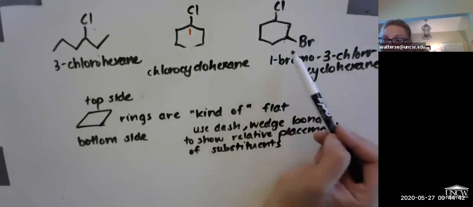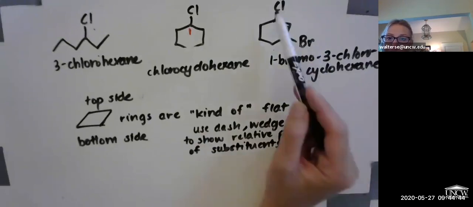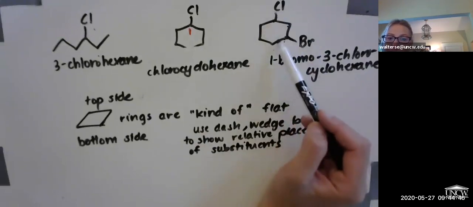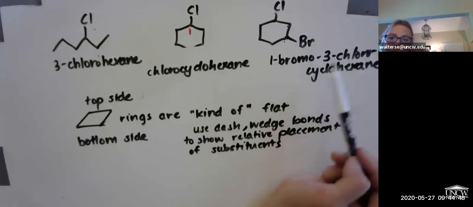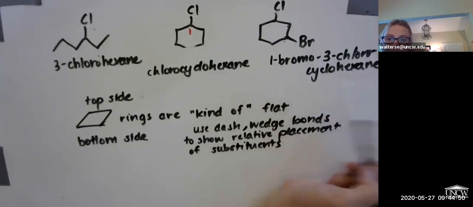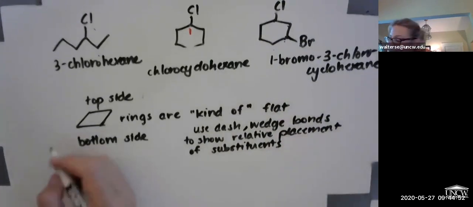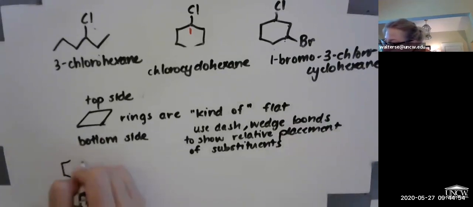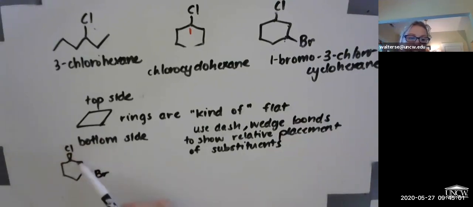This right here doesn't show you whether the bromine and the chlorine are on the same side or on different sides. So you don't have anything to indicate besides the name. But if the ring had been drawn like this, it's saying the chlorine is coming up, and the bromine is coming up. So they're on the same side.